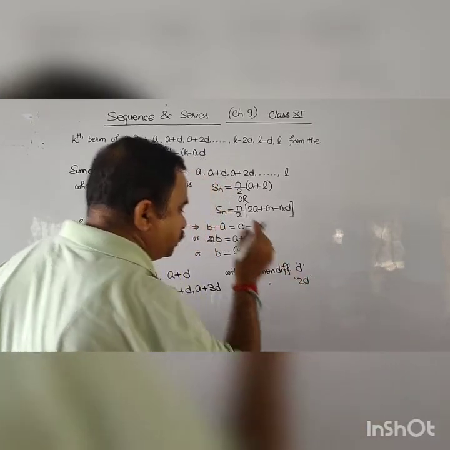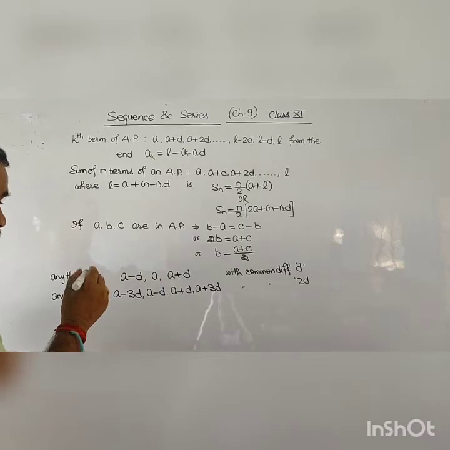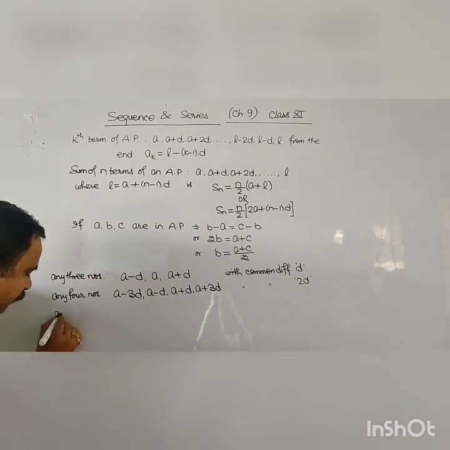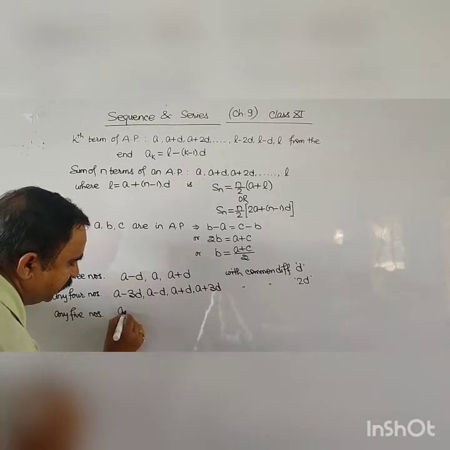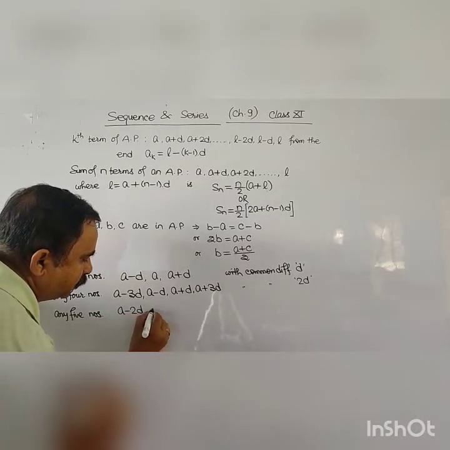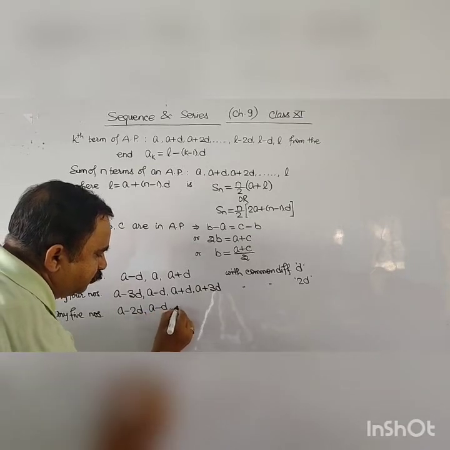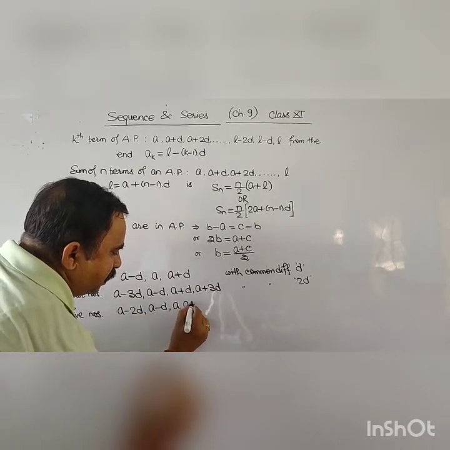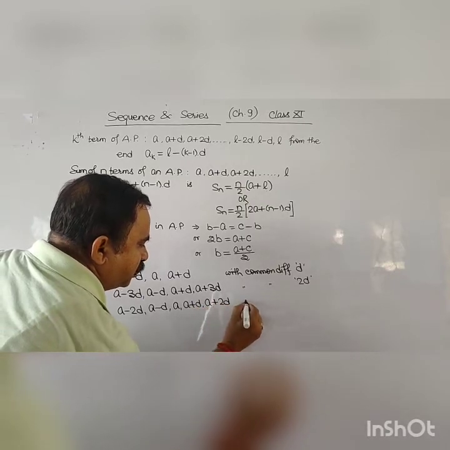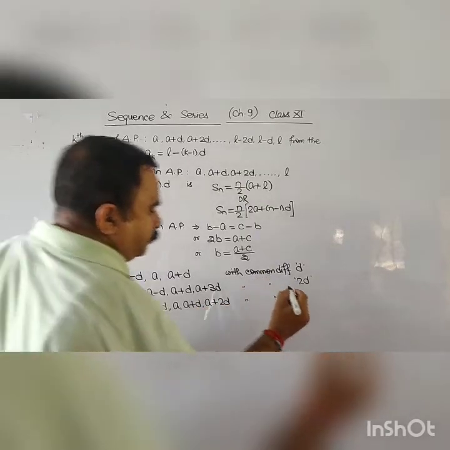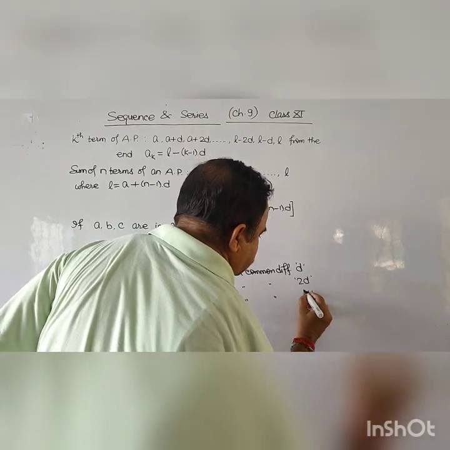If we have to consider any five numbers, then consider A minus 2D, A minus D, A, A plus D, A plus 2D with common difference D.